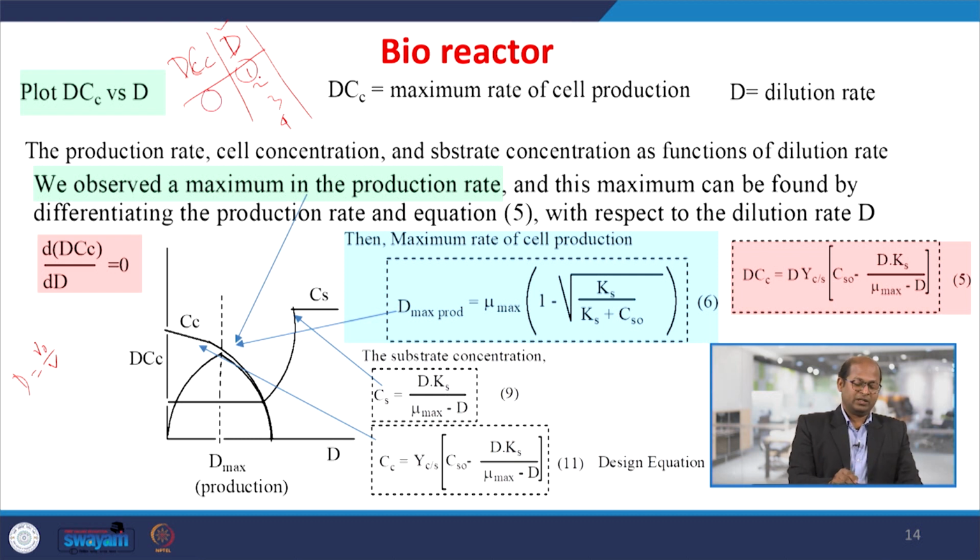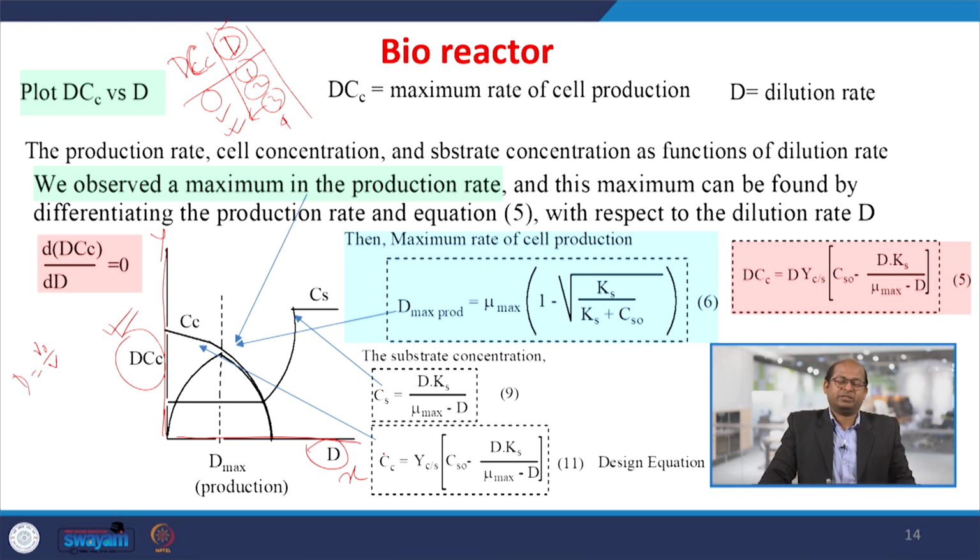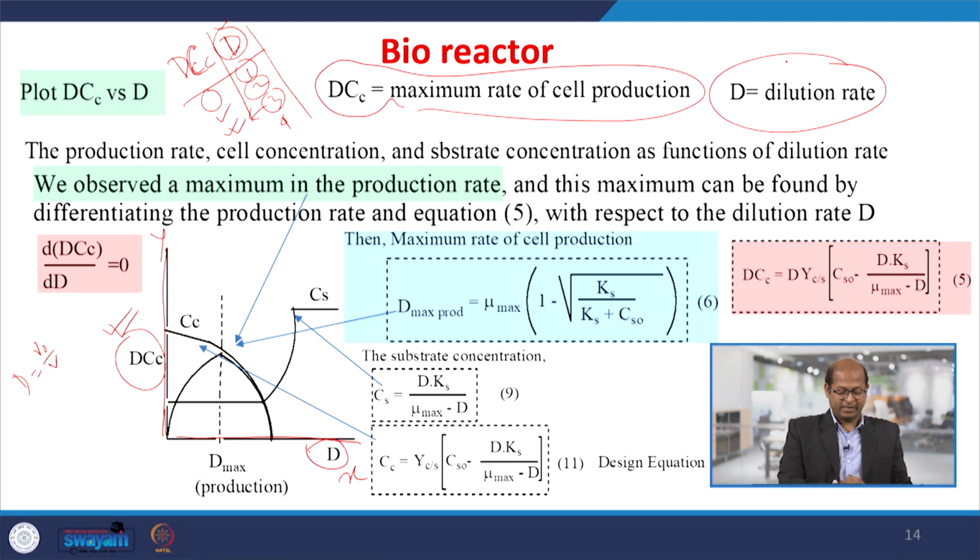Similarly, for dilution rate equal to 2, we get the corresponding cell production rate, and for d equal to 3, the corresponding dCc. Like that, we can find 10 or 20 experimental data points, and if we plot them, the x axis is the dilution rate d and the y axis is the maximum rate of cell production dCc.